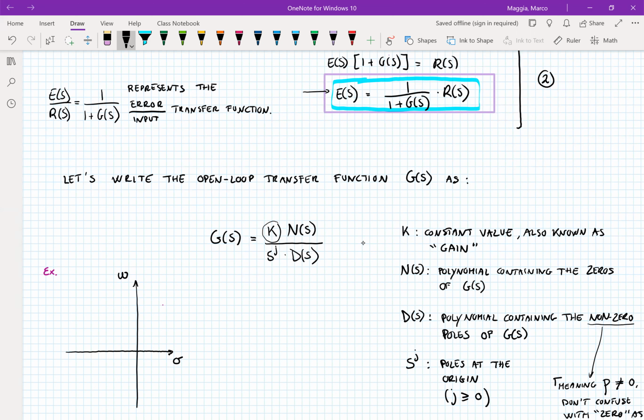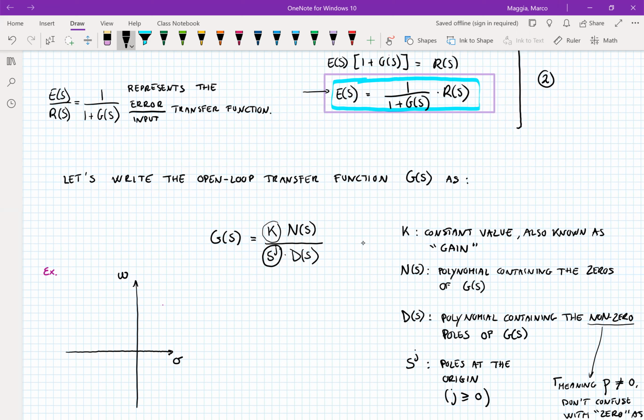I'm using this terminology not to confuse you, although it might be a little bit confusing at first, but just because I want to be consistent with your textbook. So by writing G of S in this form, I've factored out all the poles that are at the origin. So this is what S to the power of J represents.